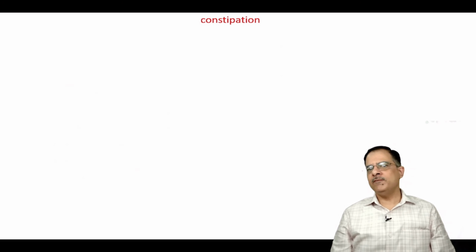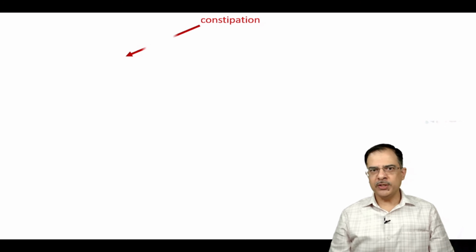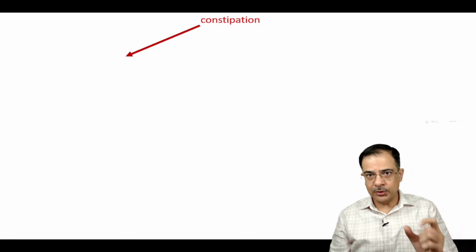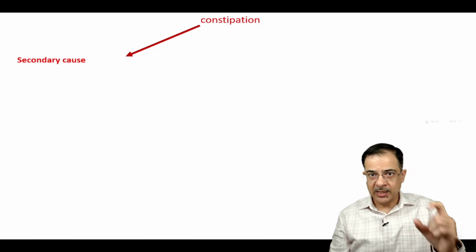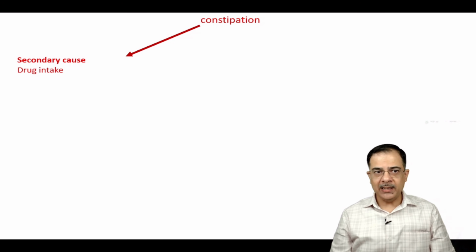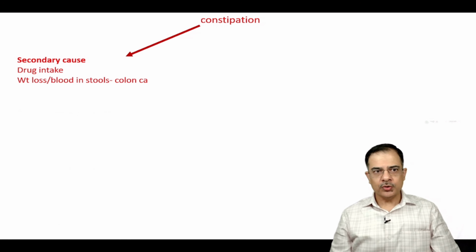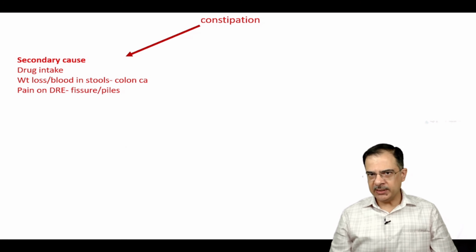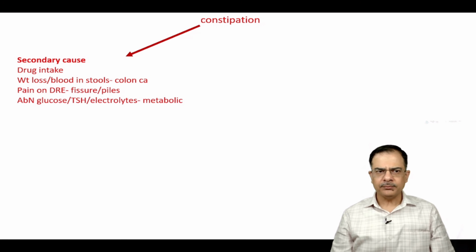Now let's come to the flowchart algorithm. Constipation. Number one, always rule out secondary causes, because if you know the secondary cause, you treat it. These include drug intake and medications; weight loss or blood in the stool, which suggest structural disease, mechanical obstruction, or colonic cancer; pain on digital examination, which suggests a fissure or piles; and abnormal glucose, thyroid tests, or electrolytes, which suggest a metabolic cause.